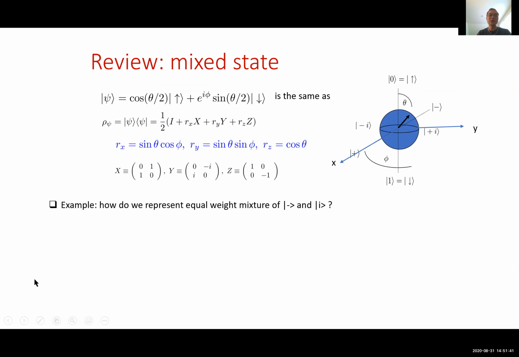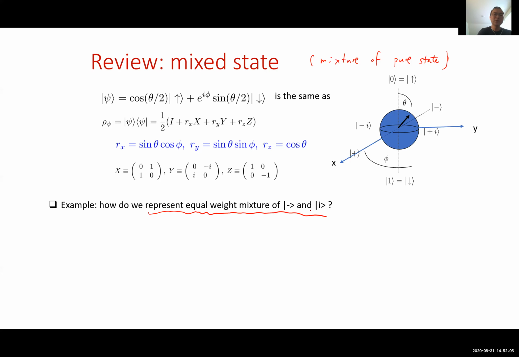Another example is about mixed state. Mixed state, you can regard that as a mixture of pure state. Okay, so how do we represent equal weight mixture of this?